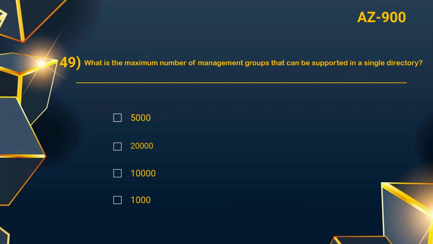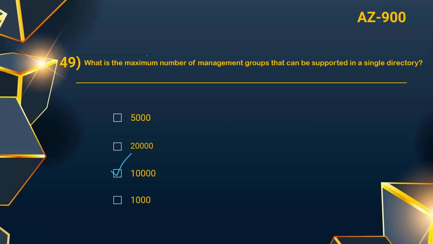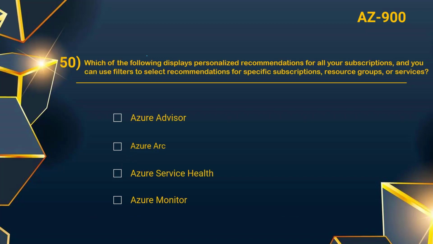What is the maximum number of management groups that can be supported in a single directory? Which of the following displays personalized recommendations for all your subscriptions, and you can use filters to select recommendations for specific subscriptions, resource groups, or services?